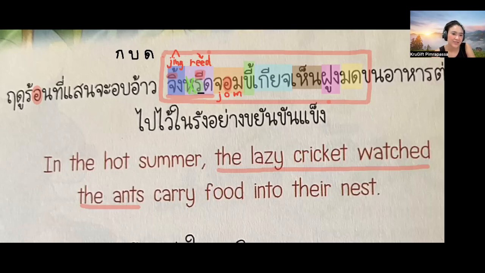Next word. Can you identify where is the vowel of this one? So the vowel of this word is sarai. And the initial consonant is k. Kho kai. Kho kai is a high class consonant. Originally the sound of a high class consonant is already a rising tone by itself.